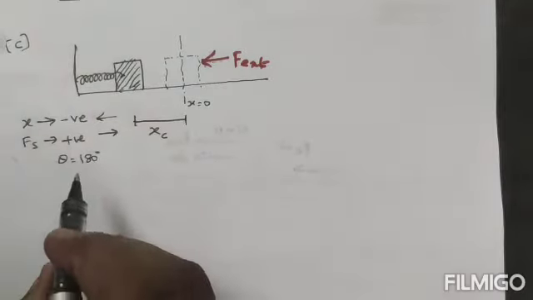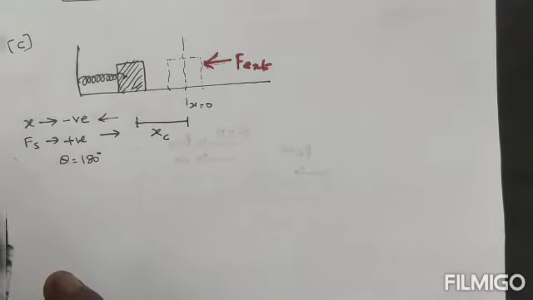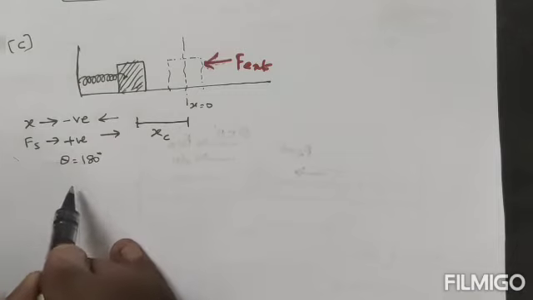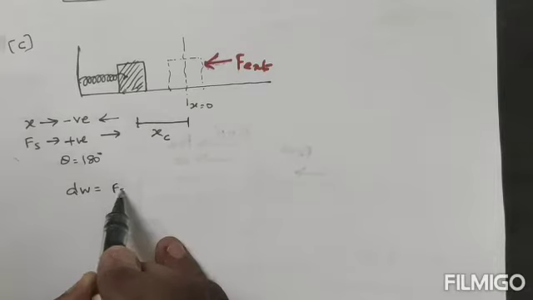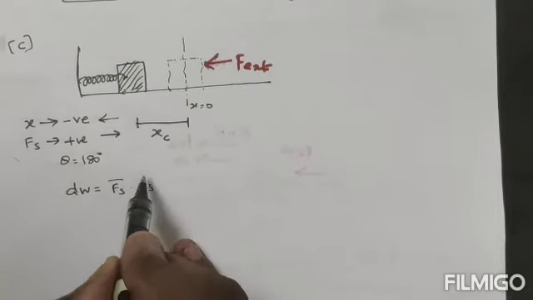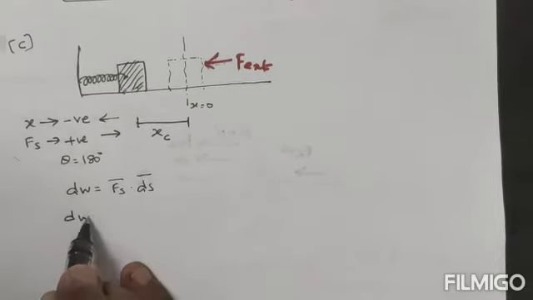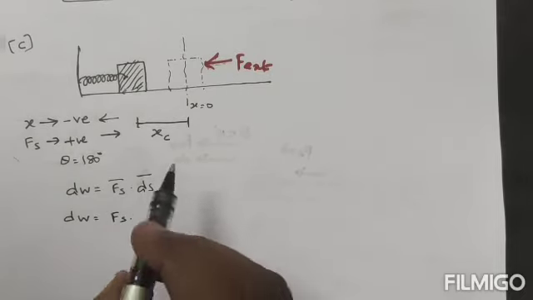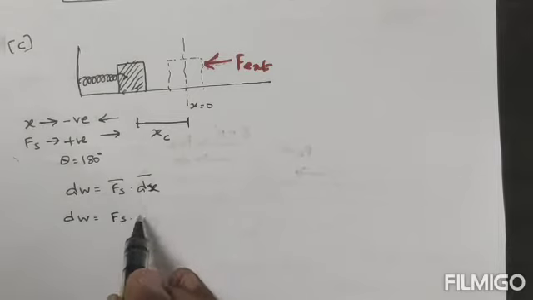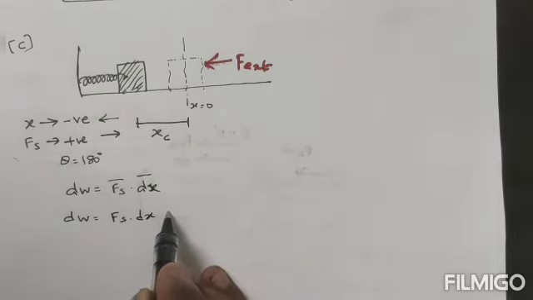Again, we are going to calculate the work done by the spring during the compression. The small work done is equal to force into displacement. So dW is equal to Fs dx cos theta.